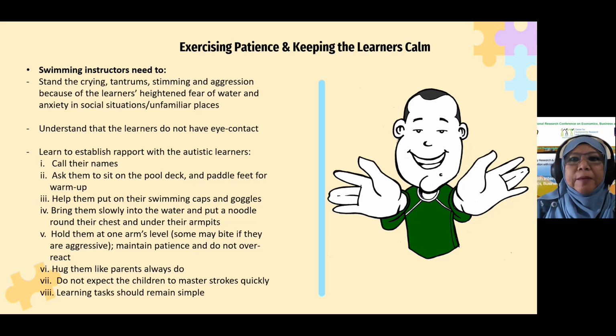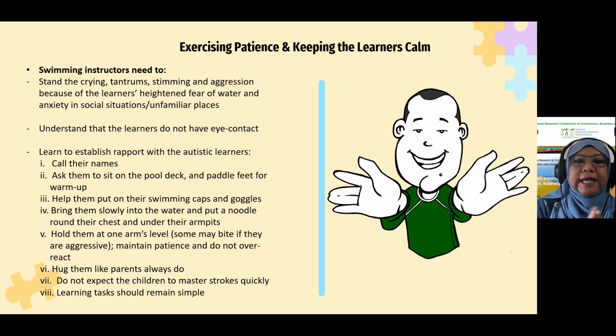So this gives them some kind of fear and anxiety. So that's why they react in such a way. They scream, they throw tantrums and whatnot. Okay, so the teachers have to understand this, right? So they have to stand all this crying, tantrums and so on.